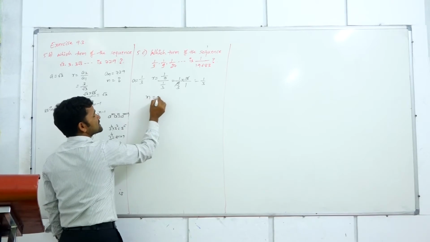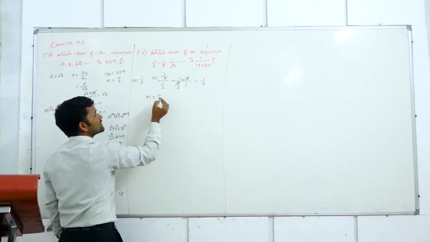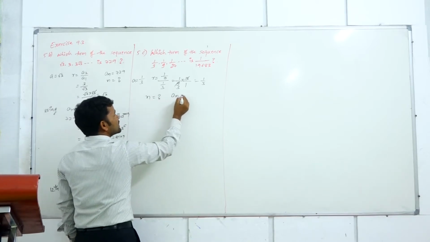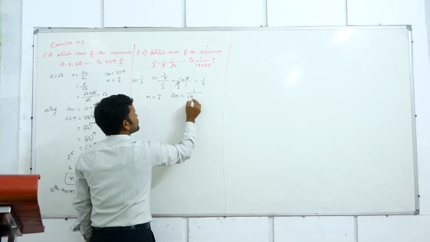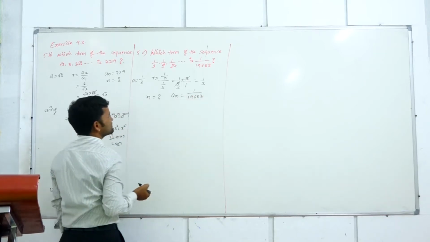Which term of the sequence? Means n I have to calculate. a_n is given, that is 1 by 19683.